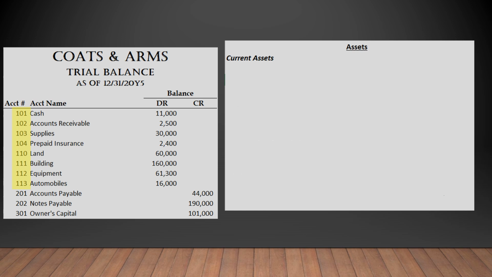The most current asset a company has will always be its cash. Receivables comprise assets that will turn into cash within a year. And your prepaids and supplies are those that will be used within a year. Next, we list our non-current assets, or those that will last for a year or more.